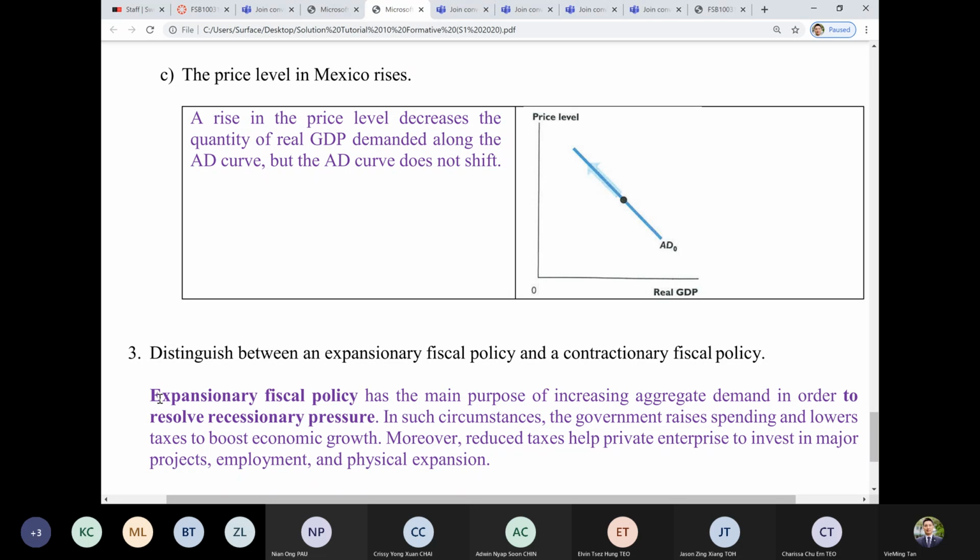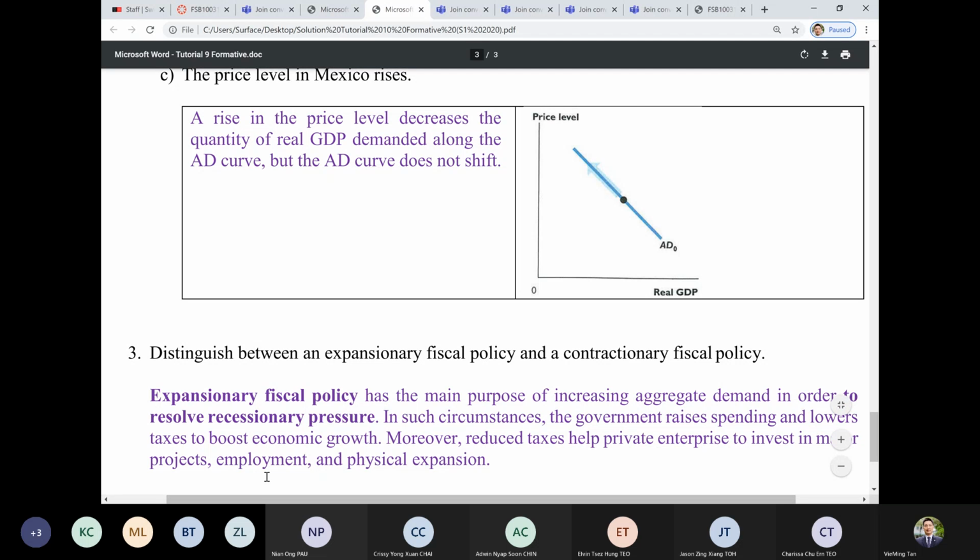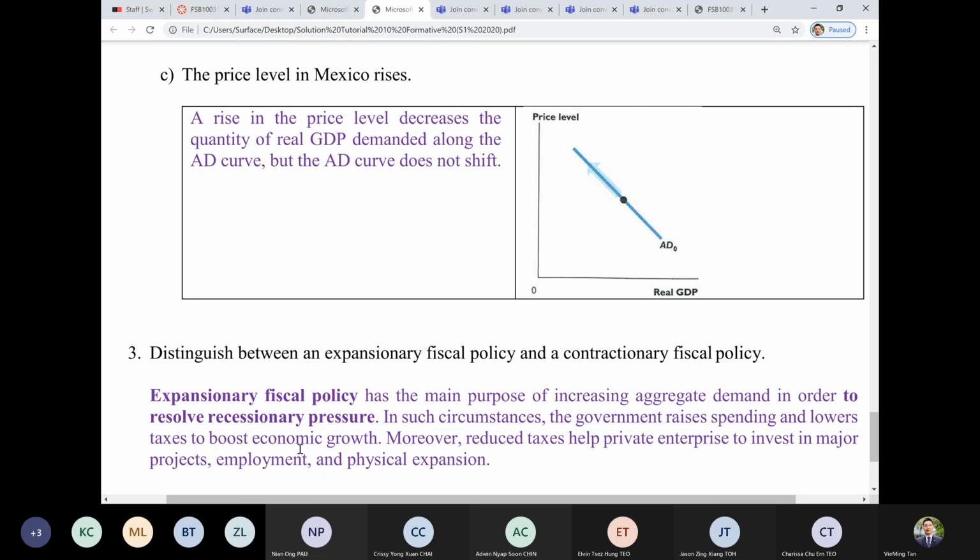The next explanation is we have to discuss how the government can implement the expansionary fiscal policy. The government can try to increase the government spending and at the same time reduce the tax in order to boost the economic growth. Okay, you can start until here is enough already.